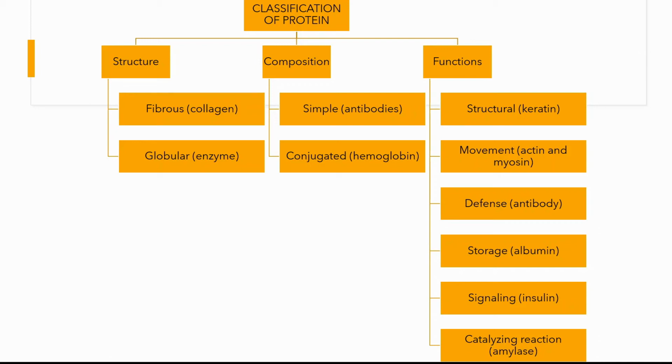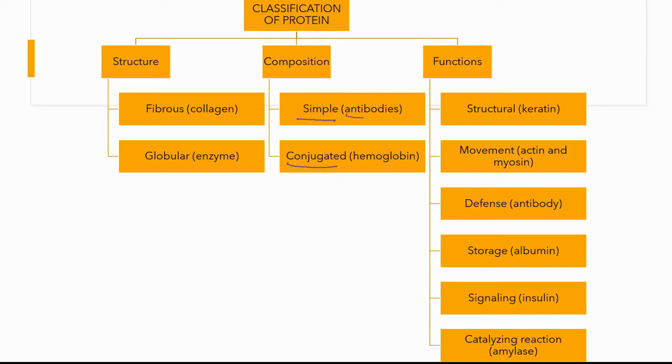To classify protein based on its composition, we divide it into simple proteins and conjugated proteins. Simple protein consists only of amino acids and does not contain any other substance. However, conjugated protein contains protein and non-protein material, which is the prosthetic group.